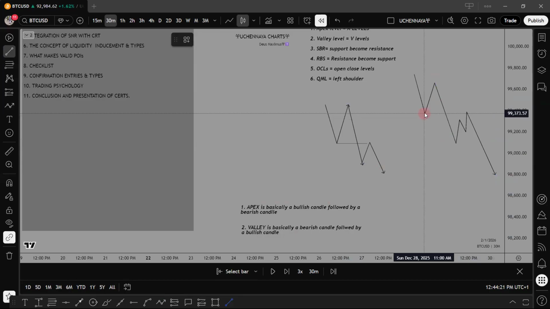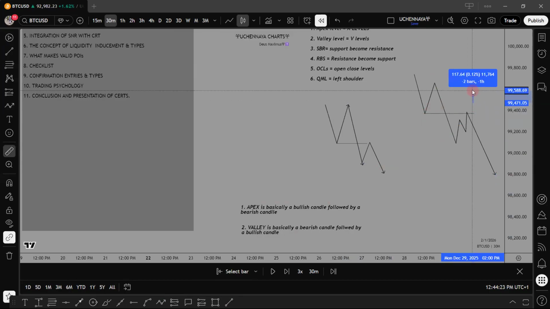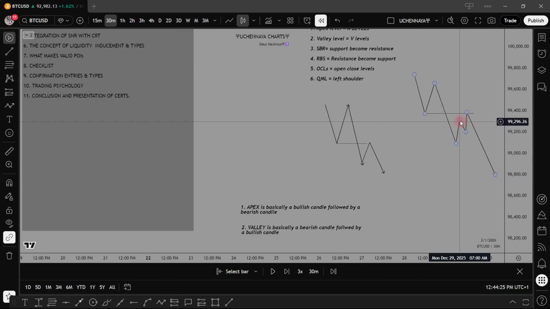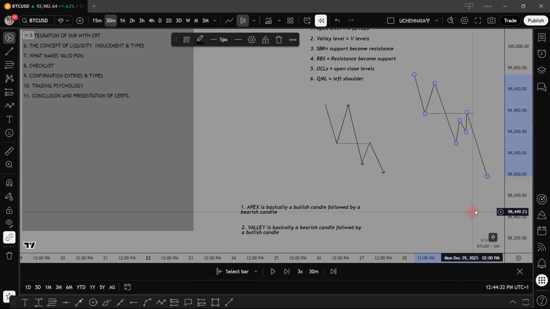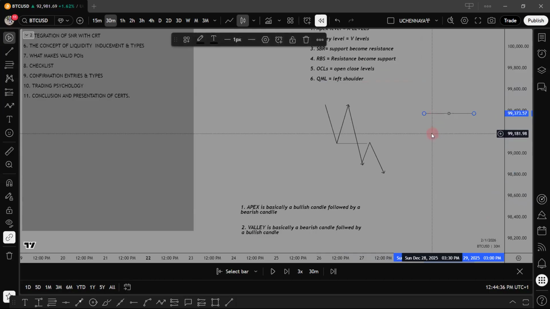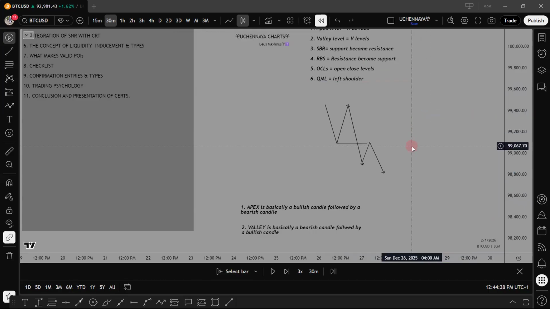Okay, this is your entry, this is your inducement. That's why you see people taking entries like this. So that is what an SBR is all about.